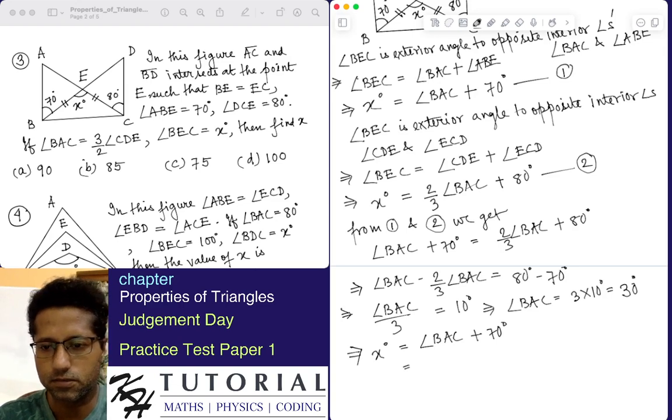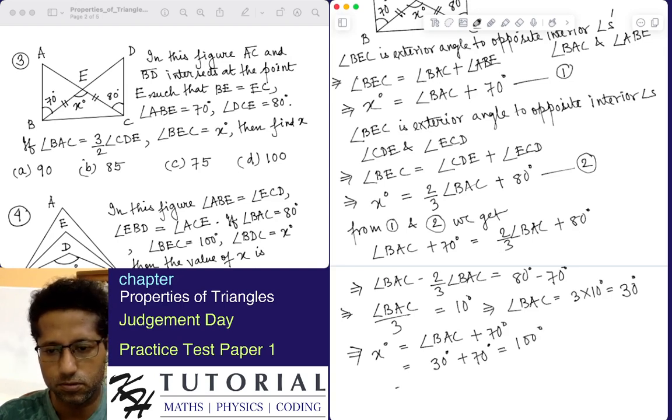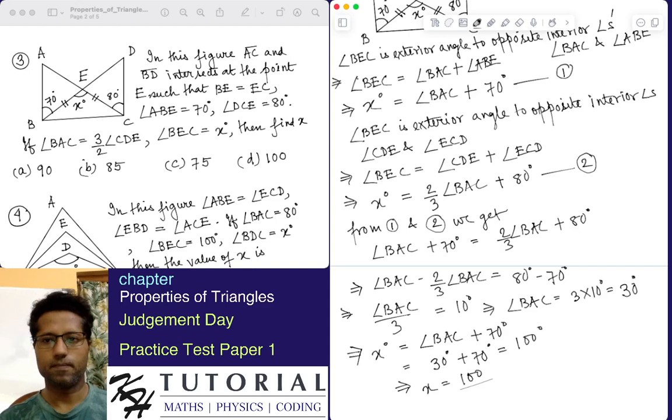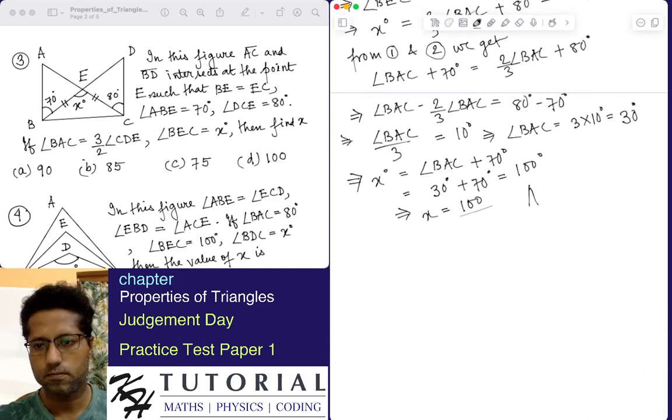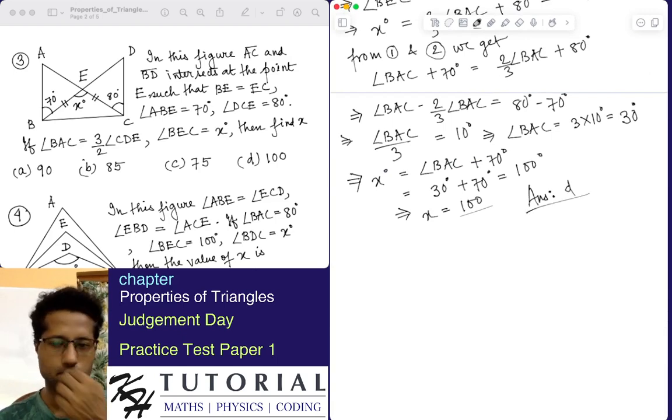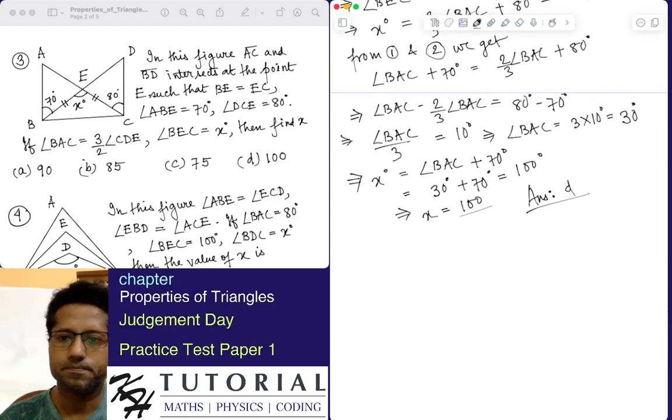Angle BAC we just found to be 30 degrees, plus 70 degrees is equal to 100 degrees. So x equals 100. So the answer is choice D. Okay.